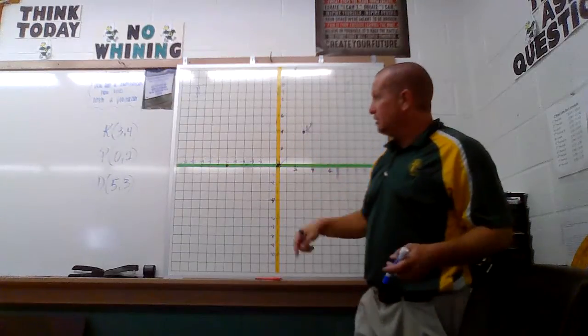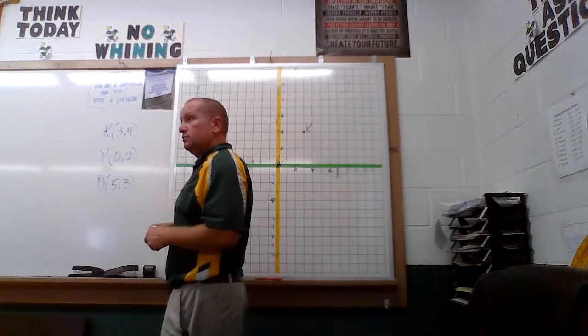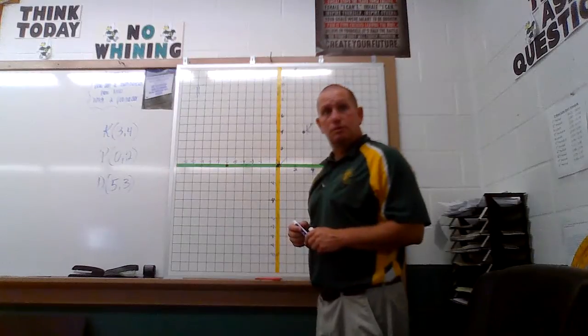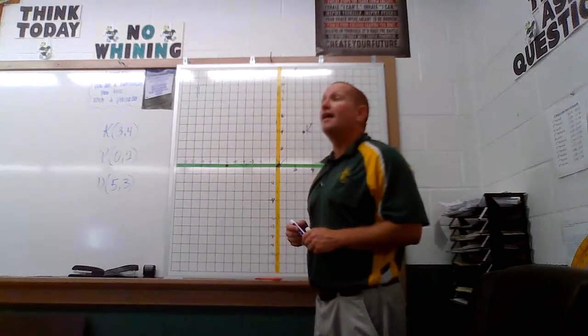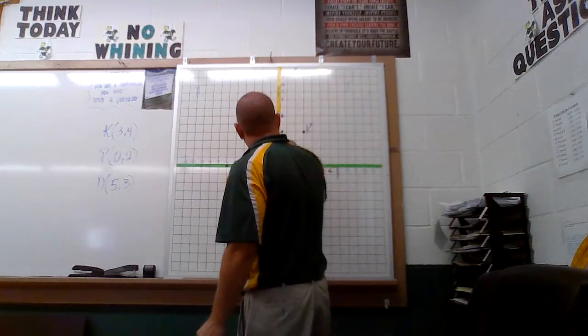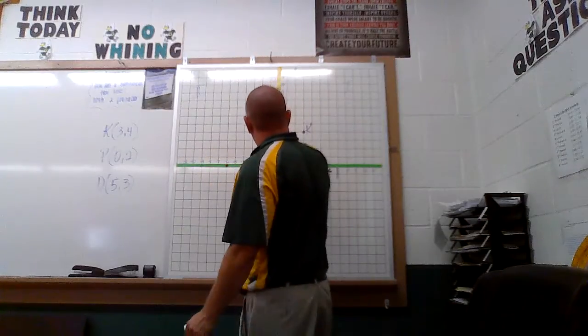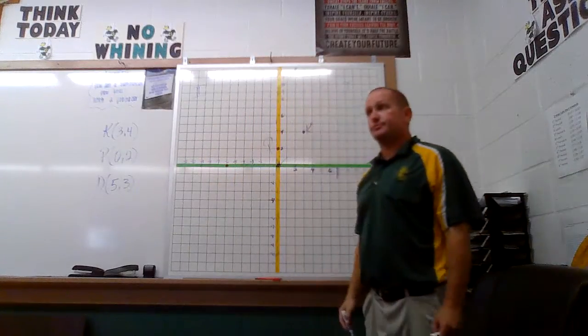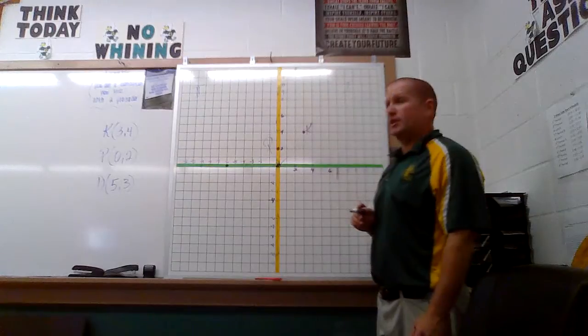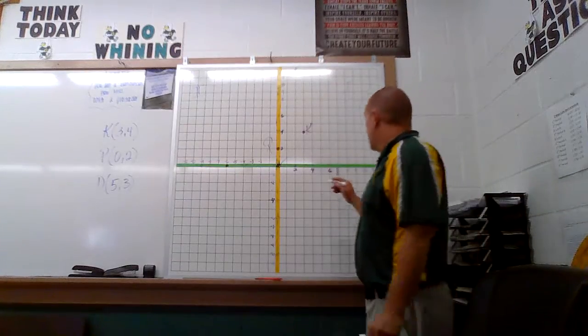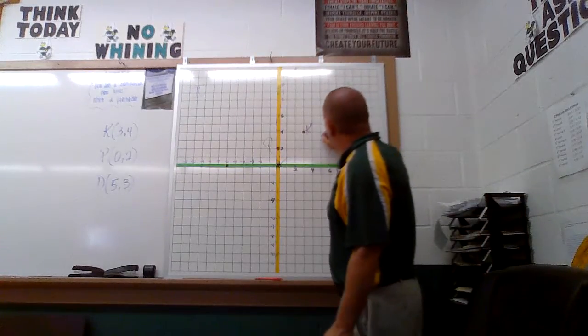I. Where do I go for 0, 2? Up 2. Go up 2 and put a P. Last one, 5, 3. Where do I go? Right 5, up 3.